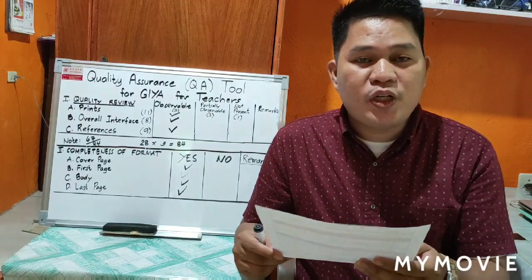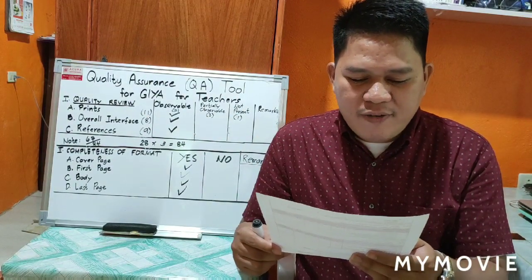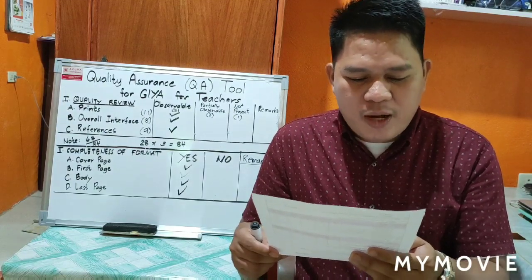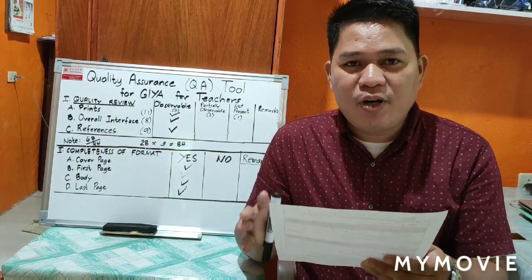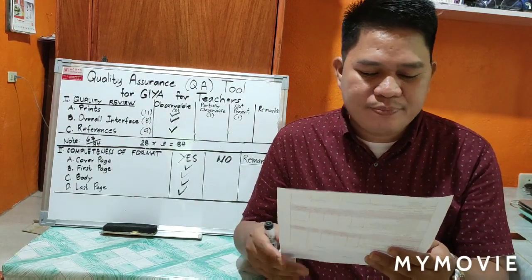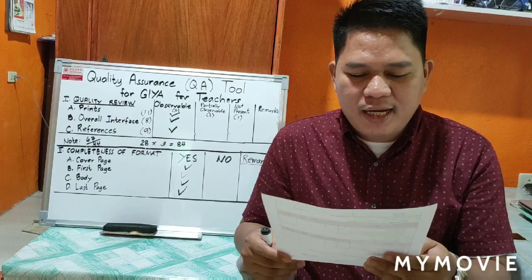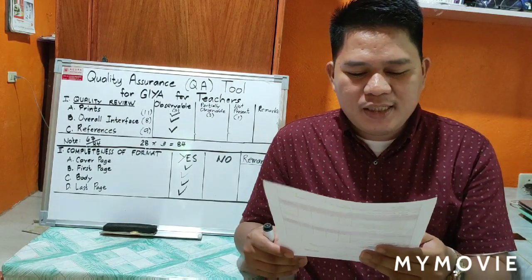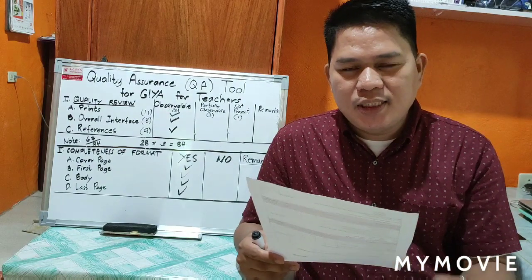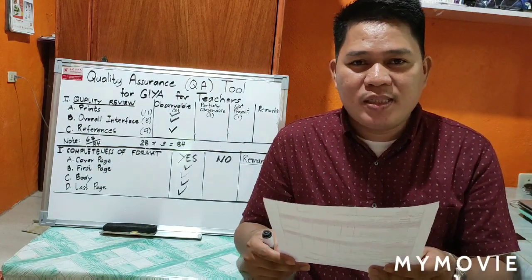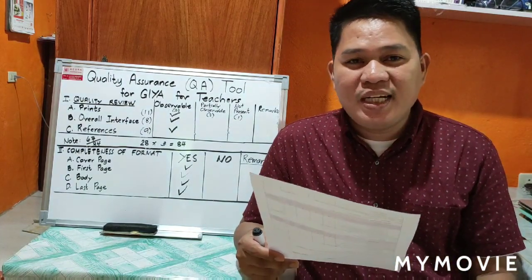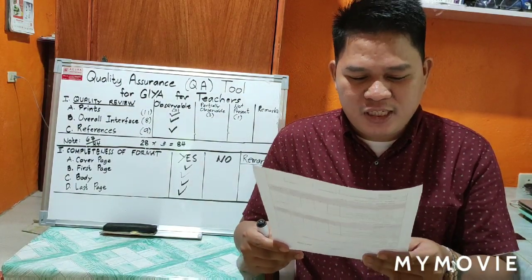And the last one is observes congruency of concept development with MELC-based, CG-based objectives. So dapat po congruent po talaga lahat ang ating mga concepts sa ating pong MELC po. We have our MELC. So ang total po natin ay 20 points. The passing score is 15 points. So dapat hindi po tayo bababa sa 15. If we get 14 points and below, we need revision po sa ating GIYA for teachers.